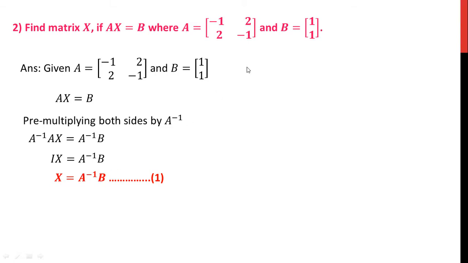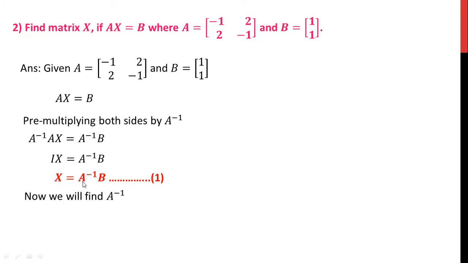Now B is given to you, but we require A inverse, means the inverse of this matrix, and we know how to find the inverse of any square matrix. We will use row transformations, means elementary transformations, or the adjoint method. It's your choice.